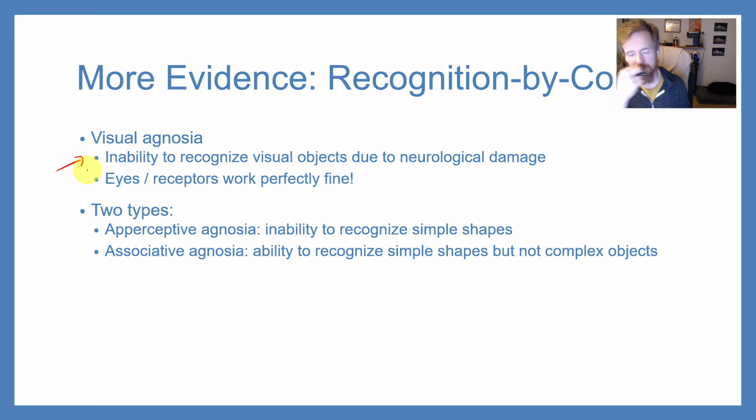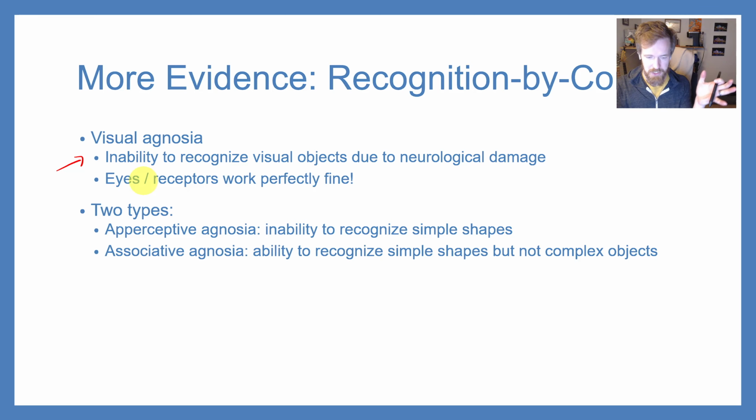So looking at some of these neuroatypical conditions. Visual agnosia, for example, being whenever you damage the inferotemporal cortex and you're unable to recognize common objects. So your eyes are working just fine, thank you very much. It's just that your brain is not able to put together those geons.